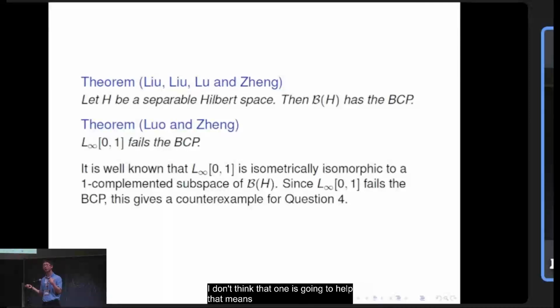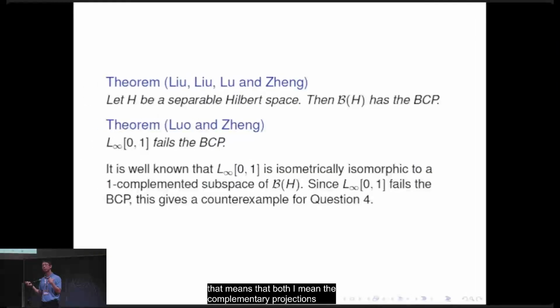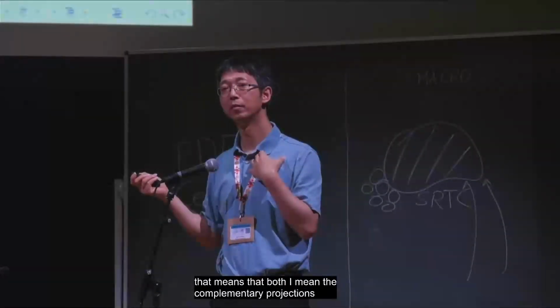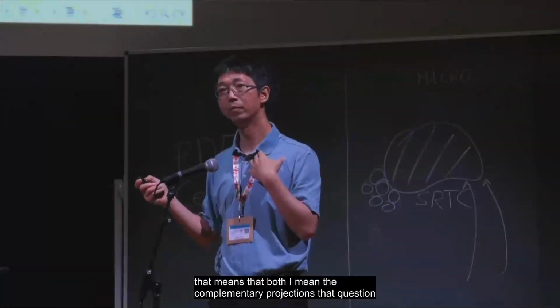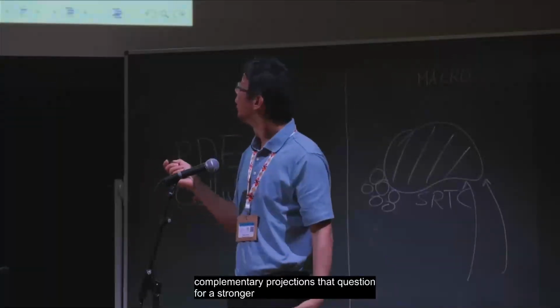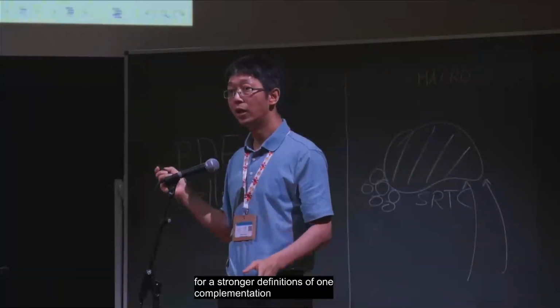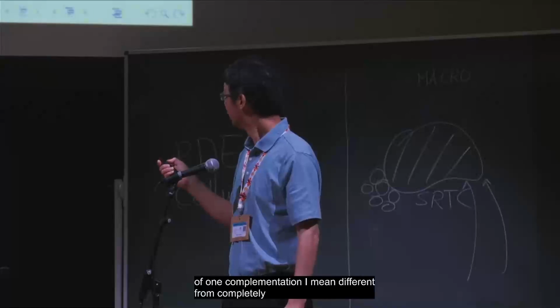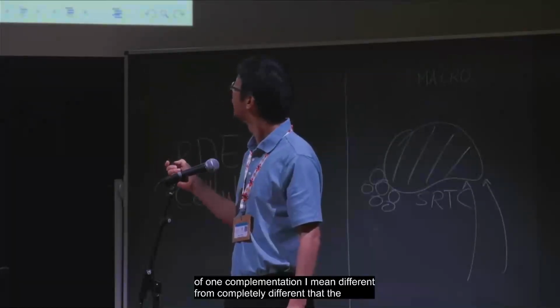That means that both the projection P and the complementary projection I minus P are one-projections, and there are other generalizations of one-complementation. My general question is that it may be worth trying that question for stronger definitions of one-complementation, different from the completely one-complemented counterexample that you provided.